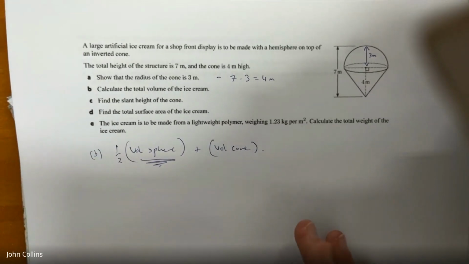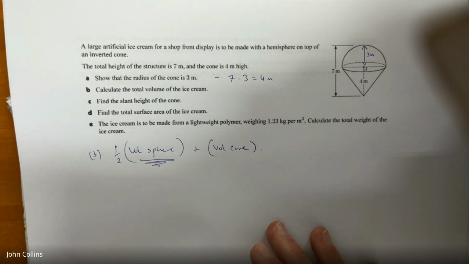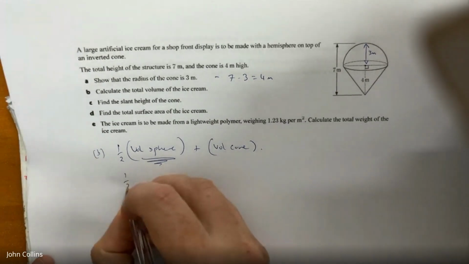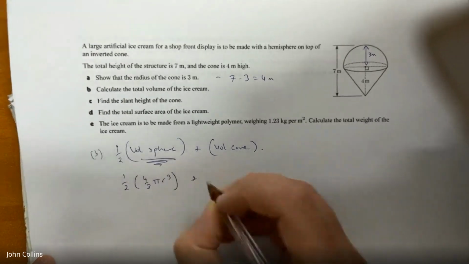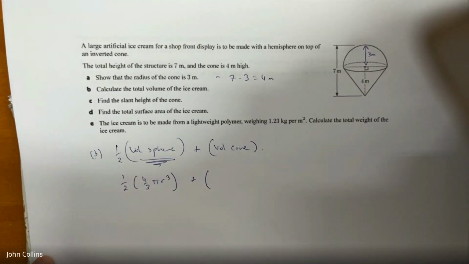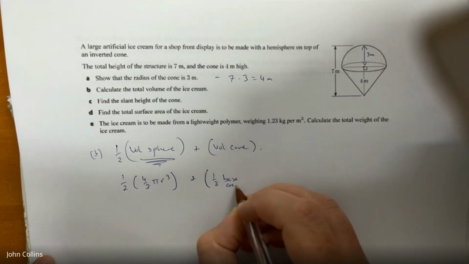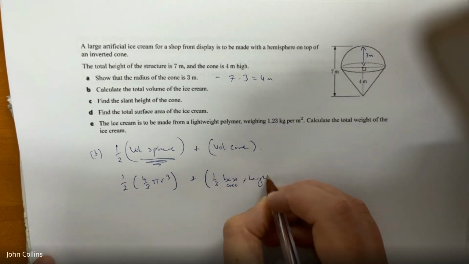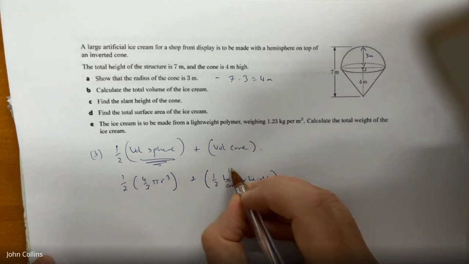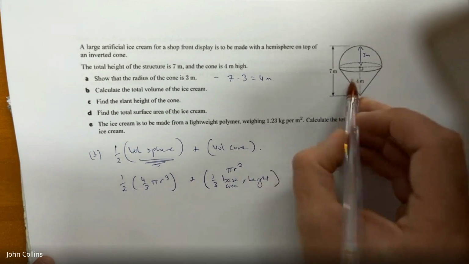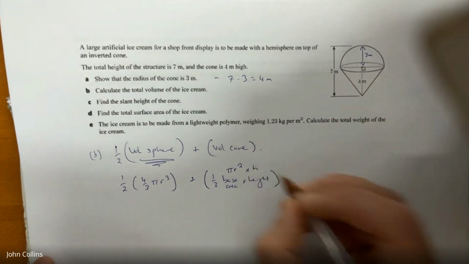It's probably up there somewhere on the wall. 4/3 pi r cubed. So half of 4/3 pi r cubed plus the volume of the cone, which is 1/3 base area times height. The base area for a circle is pi r squared, and we just multiply by h.